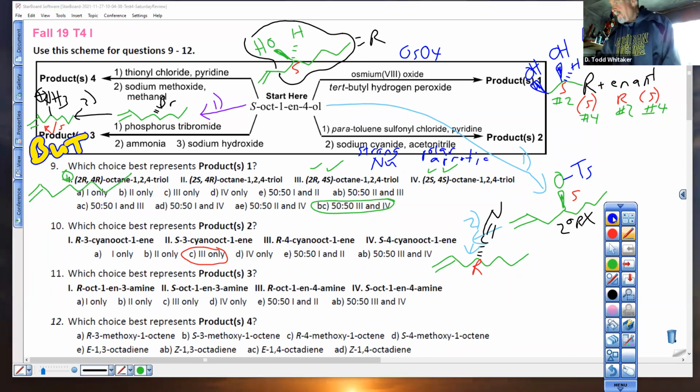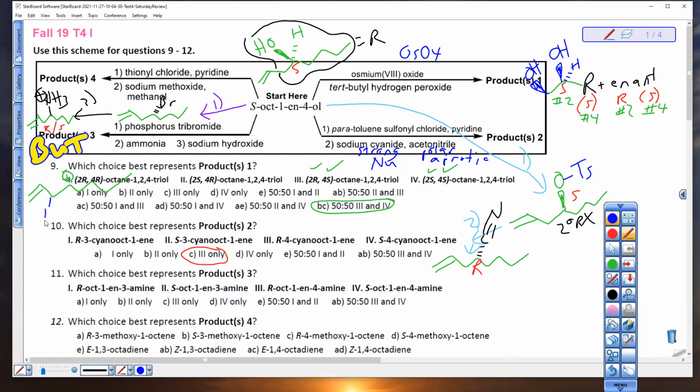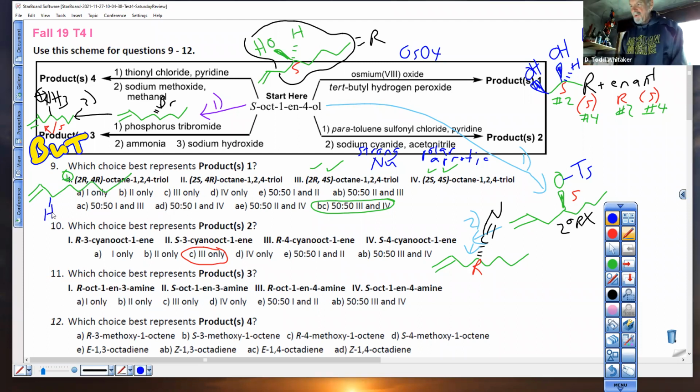If I move an H, allylic. Yes, she noticed there is now an avenue to get to a very nice secondary allylic cation by way of hydrogen shift. So we're still working towards product 3. I got a situation that happened on the way to product 3 that made a better cation.